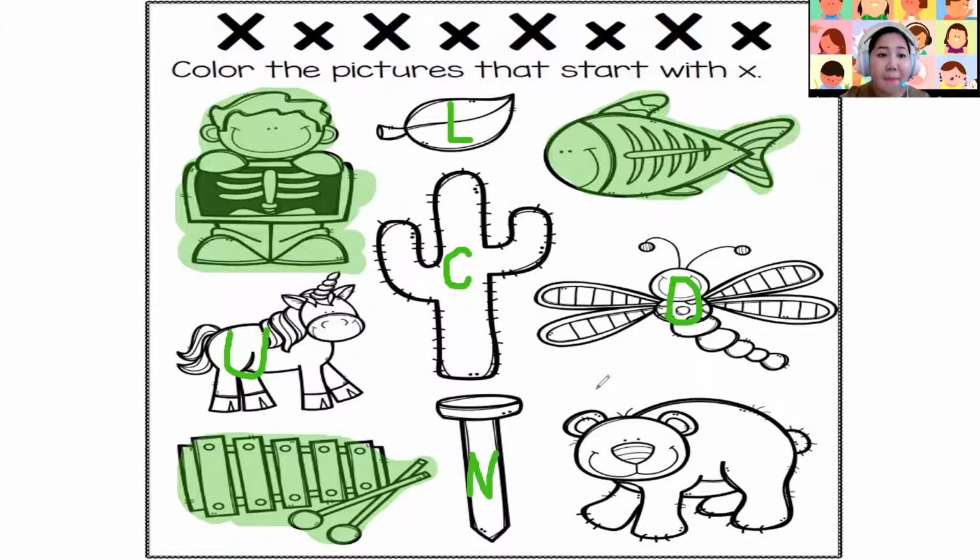Now we have a bear. Bear begins with the letter B, so we should not color it. So we only have 3 objects that begin with the letter X. We have X is for X-ray, X for X-ray fish, and X for xylophone.